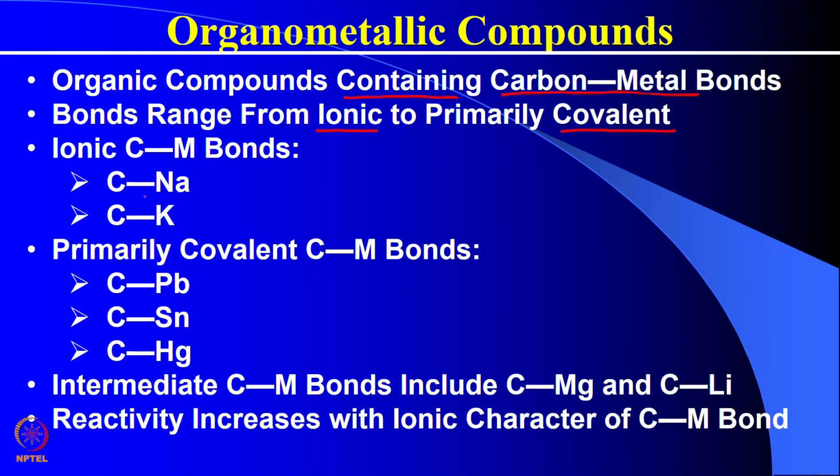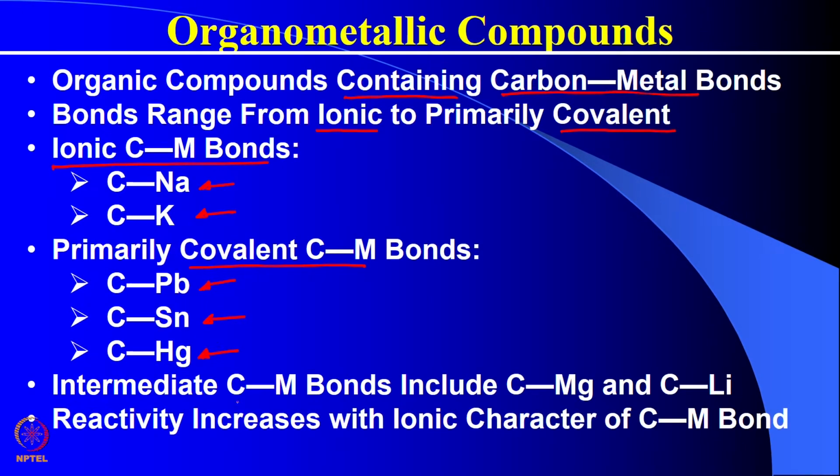So examples of carbon-metal bonds which are ionic are carbon-sodium bond, carbon-potassium bond, whereas the primarily covalent bonds are carbon-lead, carbon-tin, and carbon-mercury compounds.